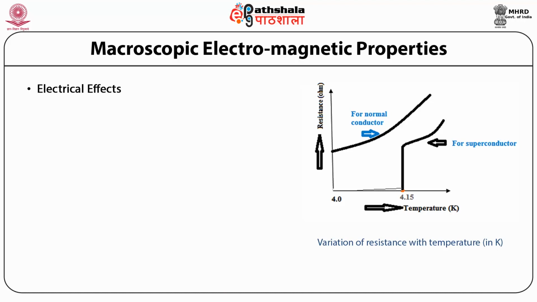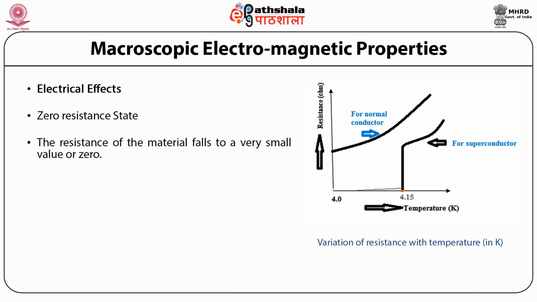So basically, the electric effect is linked with the zero resistance state. The resistance of the material falls to a very small value or even equal to zero as we decrease the temperature. It is shown in the figure that for a normal conductor, as we decrease the temperature, there is a decrease in resistivity or resistance, but there is a definite amount of resistivity even at 4 degrees Kelvin.